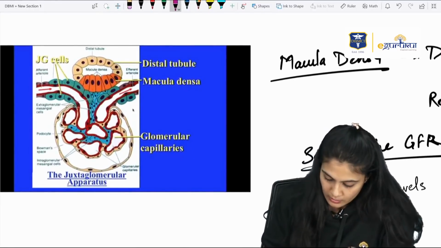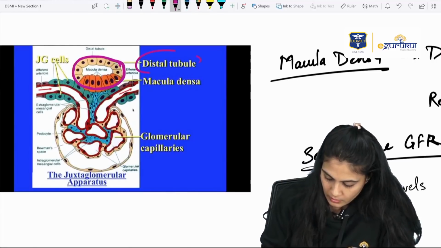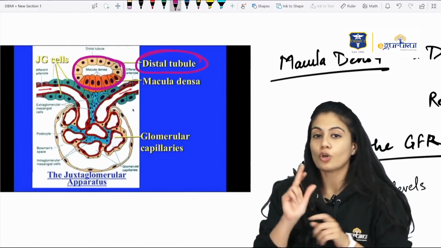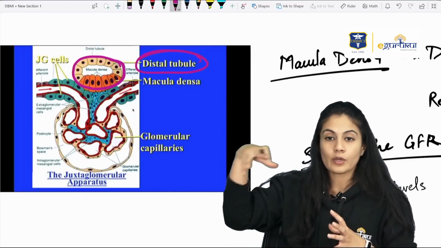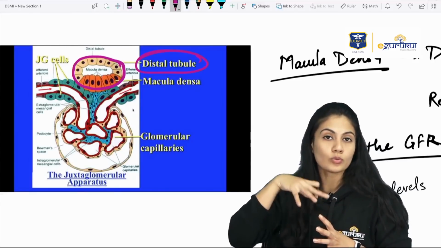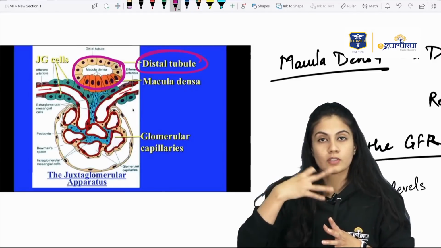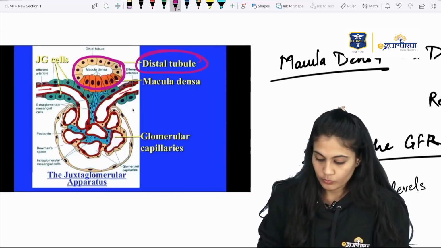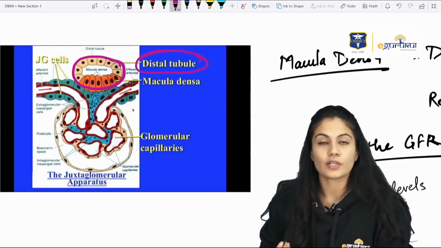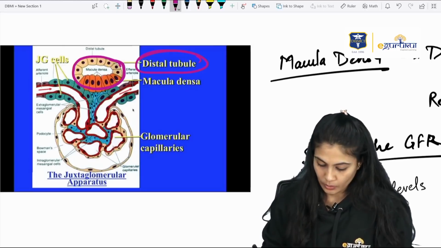So remember, this lumen is of the DCT. That's a distal tubule. It's not a part of the afferent or efferent arteriole. It actually came through the DCT itself, right? There is a coiling of the DCT, and with that coiling it senses and regulates the GFR; this is the protective mechanism which is occurring over here, right?